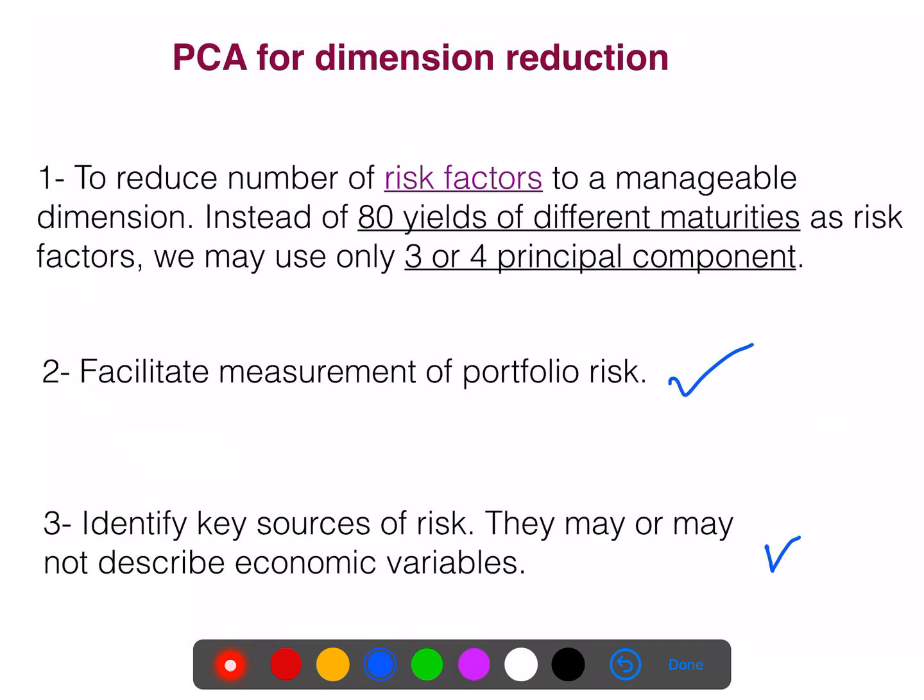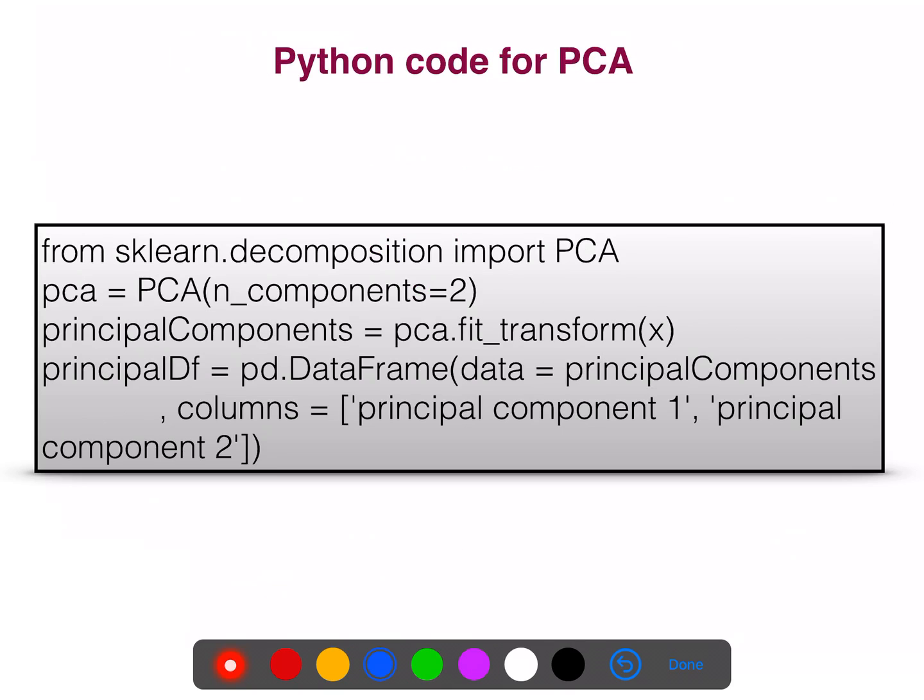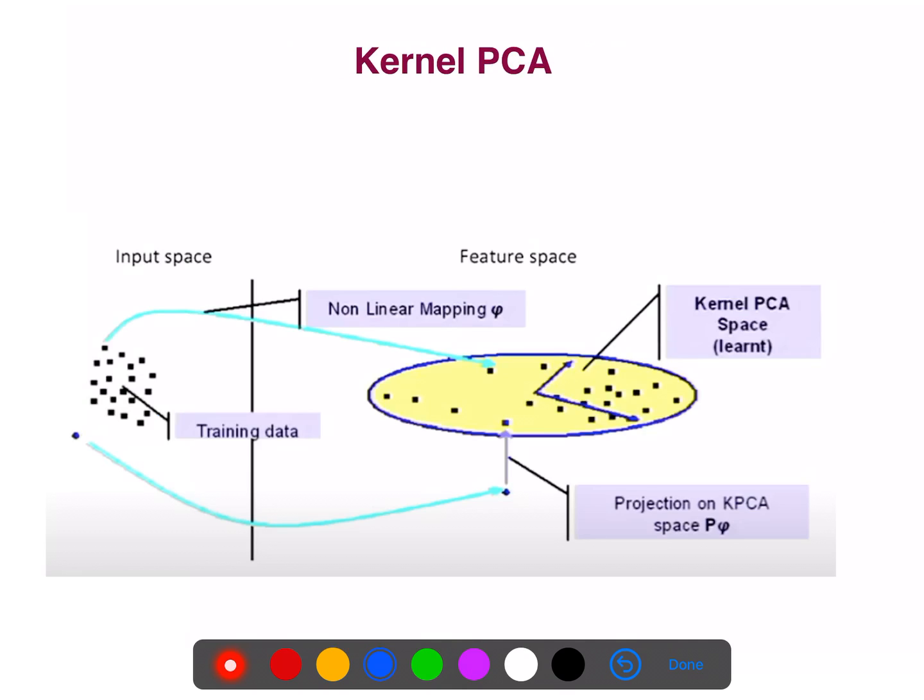For example, in principal component analysis, we relate the asset return to some market return. So it has some economic intuition behind that. And the Python code, if you just use the PCA and just fit it, that's it. You get everything. You get the direction of those principal vectors.